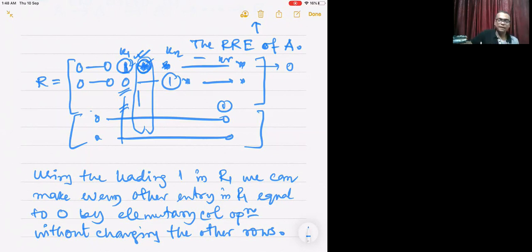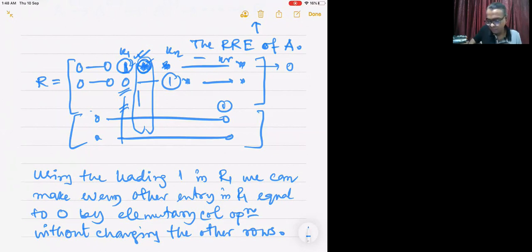Now, what can you say about the other leading ones? With the second leading one, I can make every other entry in row number 2 equal to 0, except that leading one. With the leading one in row number 3, I will make every other entry in row 3 0 without changing the other rows.